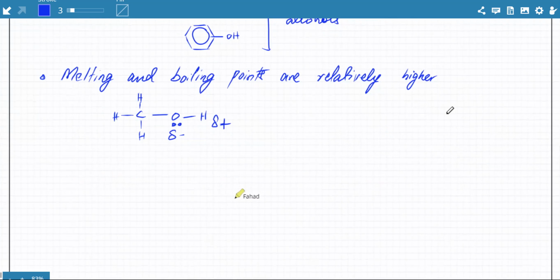And it's going to form hydrogen bonds with other molecules like it, that are capable of forming hydrogen bonds. So for example, this oxygen is negative, this hydrogen is positive, and they would be attracting each other very, very strongly. So there's going to be a strong force of attraction, and this force of attraction would be hydrogen bonds.